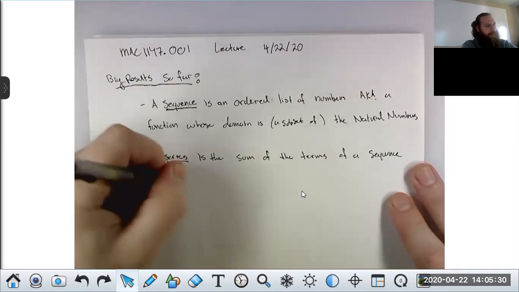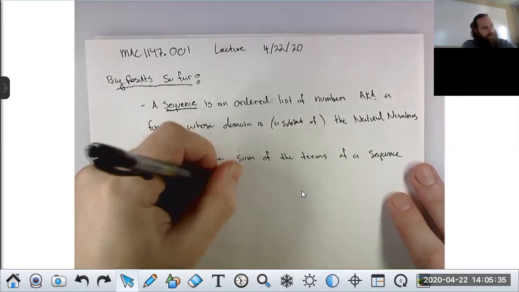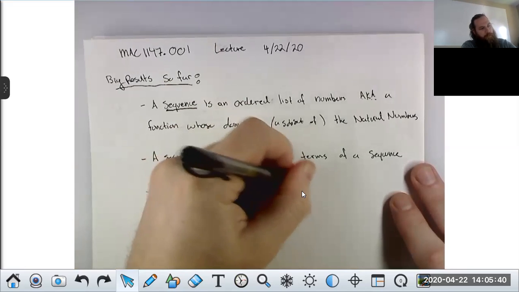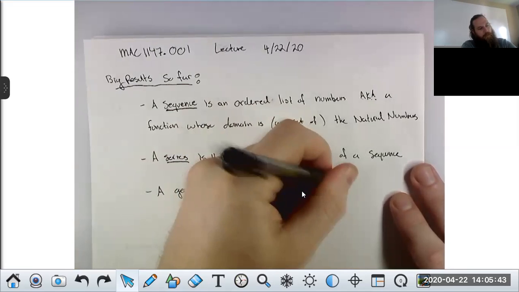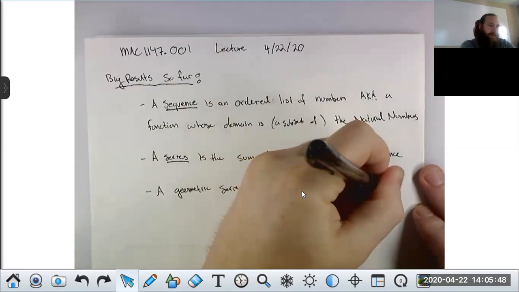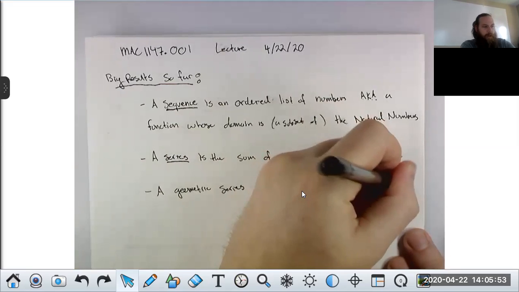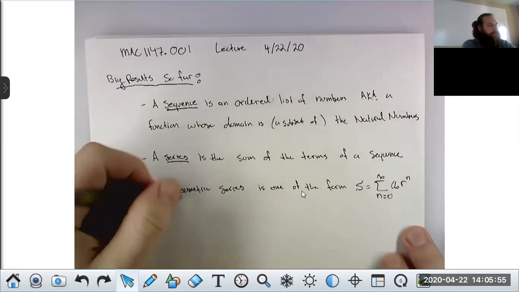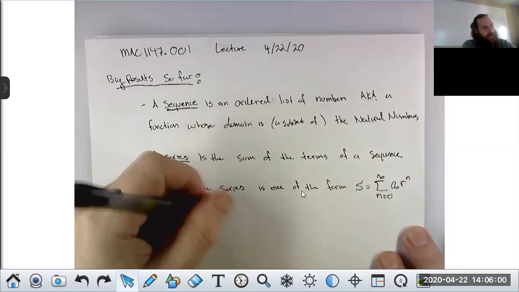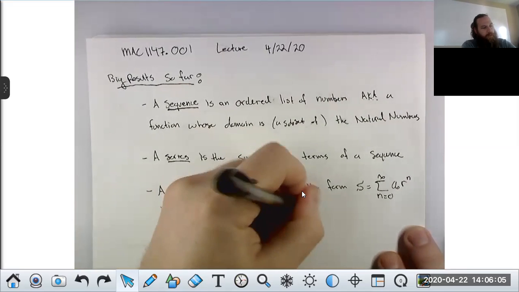So a geometric series is one of the form S equals sigma n from wherever, I usually start mine at 0, a naught times r to the n, i.e. a sum of a geometric sequence.